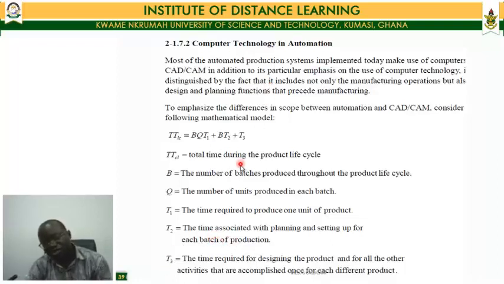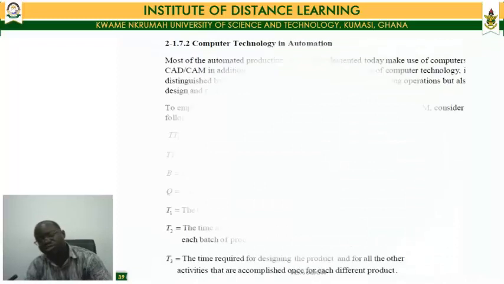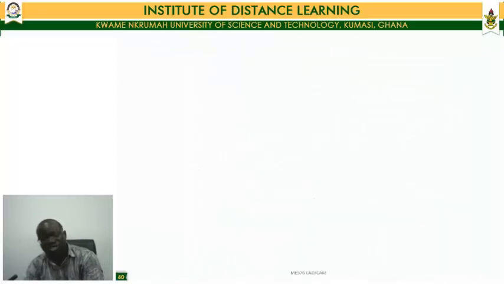And then T3 is the time required for designing the product and for all other activities that are accomplished once for each different product. So T3 is for design. T2 is for setup planning, which is more of manufacturing. T1 is the time to produce 1 unit. Okay, so let's see how automation plays a role, and then the role of CAD/CAM and automation here.